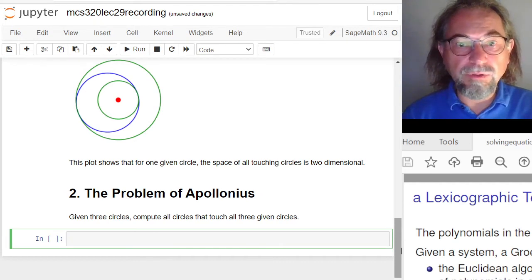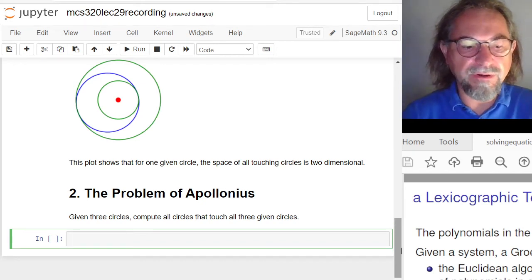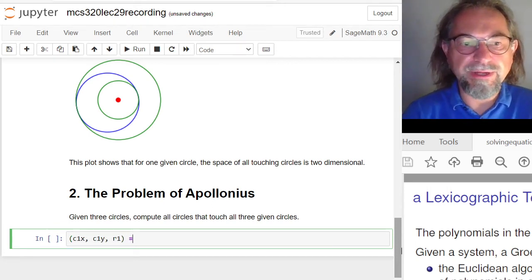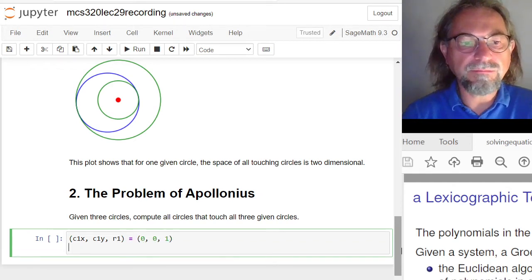Okay, so what will my three circles be? I will have the coordinates defined, so I will do the tuple assignment. I have the first center, with x and y coordinates, and the first radius. That is the unit circle.